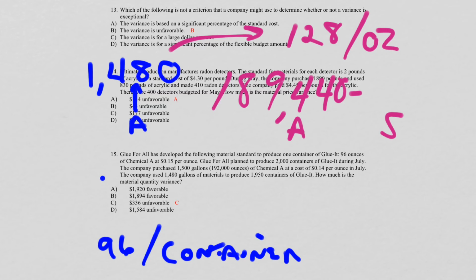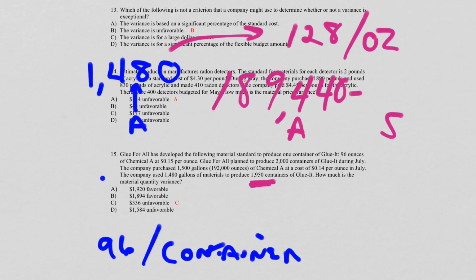Hold on a second, let me make sure I got it right. Let me rephrase that. The actual number of containers is what we need to know: 1,950. They would have used 96 ounces for 1,950 containers.